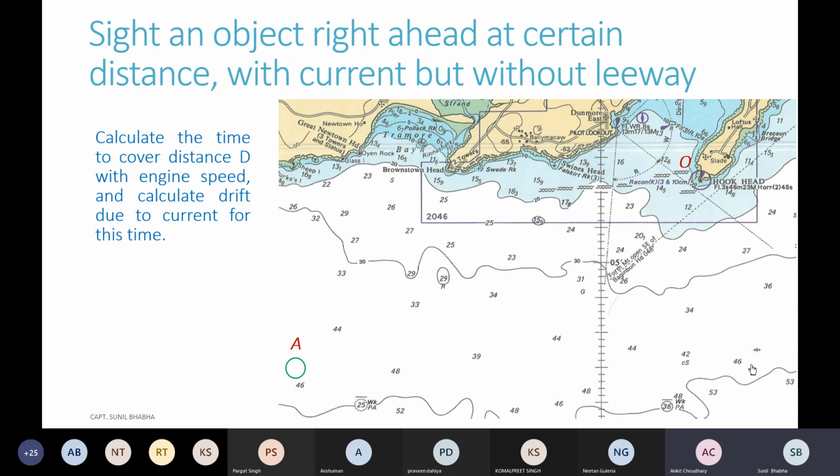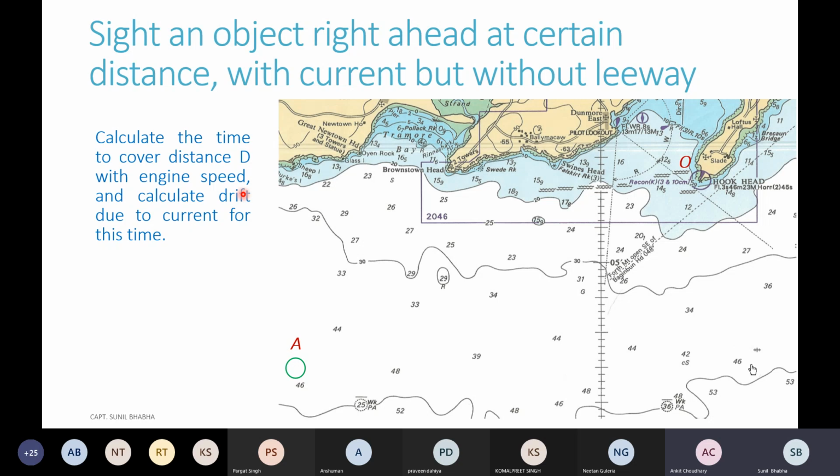So we know that we require 1 hour to cover this distance. So this is the first step: calculate the time required to cover the given distance d using the engine speed. Once the time is known, we now have to calculate the drift of the current.